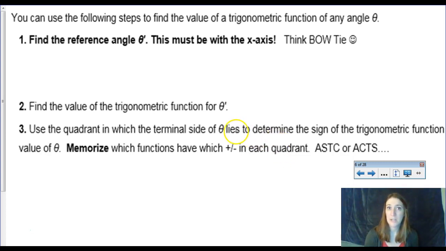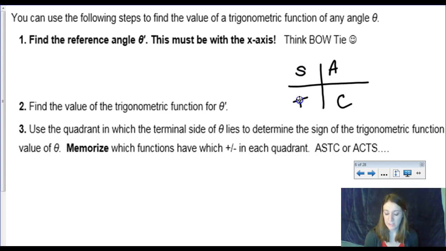Make sure you understand what functions are positive in what part of the coordinate plane. So this is another thing that we're going to need to remember. The mnemonic device that I like to use is All Students Take Calculus, but that stands for All, and then S stands for the sine function, T is tangent, and C is cosine.